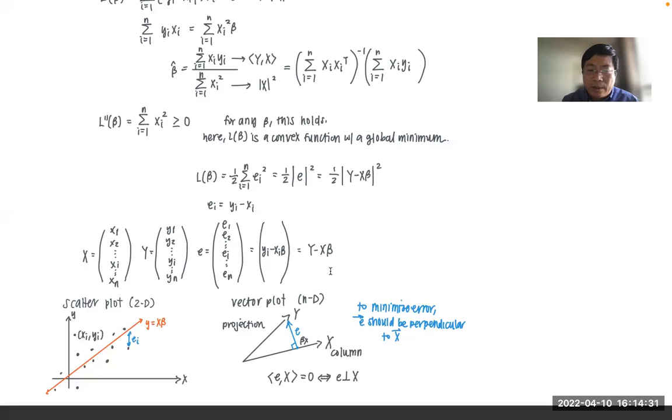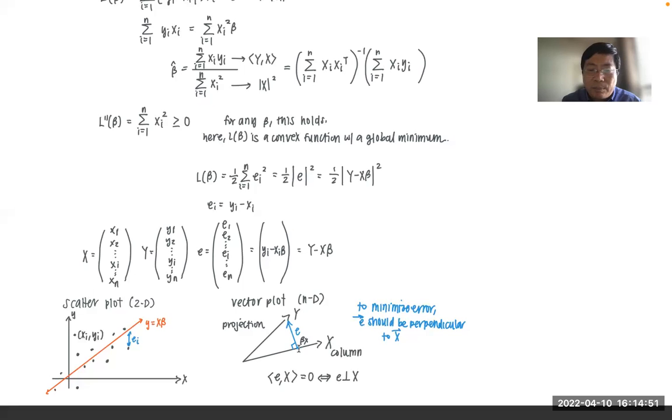Beta is a scalar. Here I also use beta times x. It doesn't matter, because sometimes people write a coefficient times a vector as beta times x, but if we want to be strict about the matrix multiplication, we should use x beta.